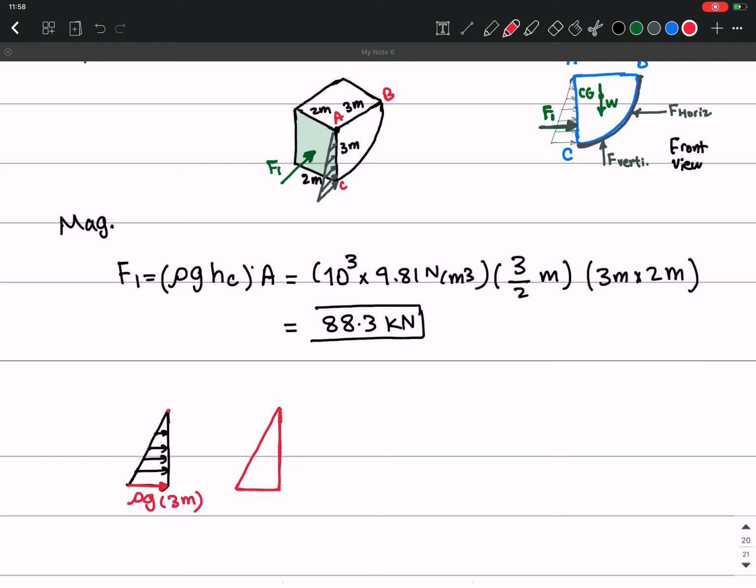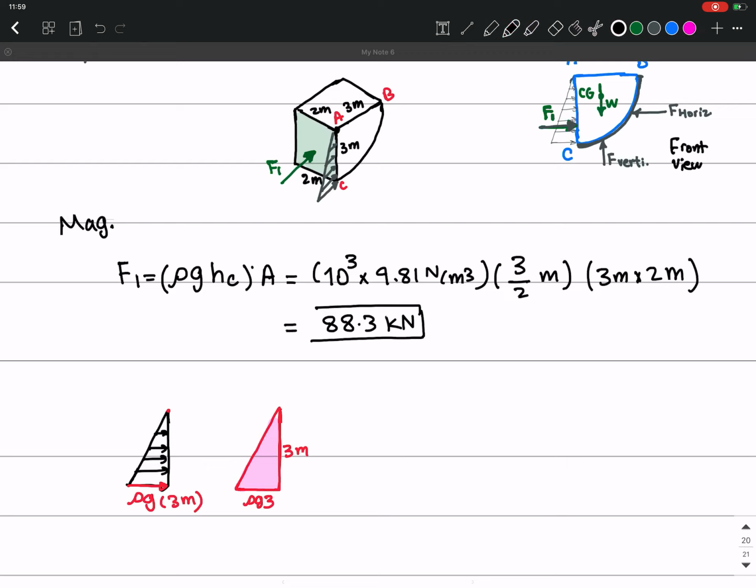Here I have rho g3, and this other side is 3 meters. I want to calculate the area of this to get the magnitude of the force.